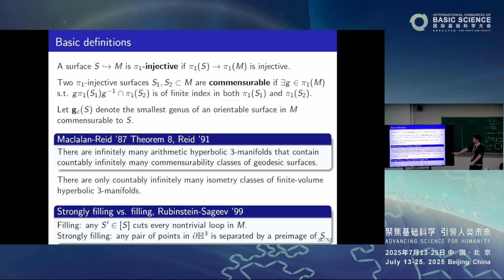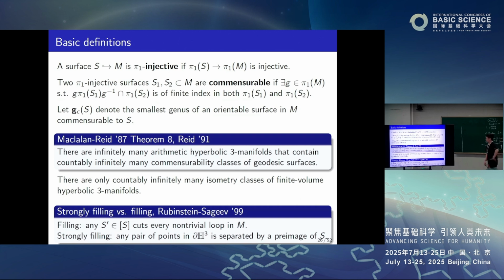Okay? And there's a notion called strongly fitting. That means you look at your universal cover, and then take any 2 points at infinity in your universal cover. You draw a geodesic, and then the surface has a cover which separates those 2 points. So this second condition looks very weird, but it's actually very important in geometric group theory. It's related to some big conjectures, virtual properties of 3 manifolds, and geometric group theory.